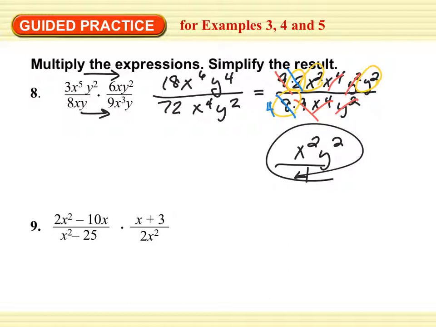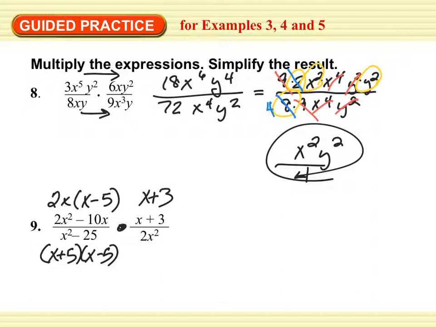Cool. All right, this one's a little more complicated, so we're going to factor things out. In the numerator, I can take out a 2x. I'm left with x minus 5. Denominator, x plus 5, x minus 5. Okay, times numerator, x plus 3, can't do much with. 2 times x times x.